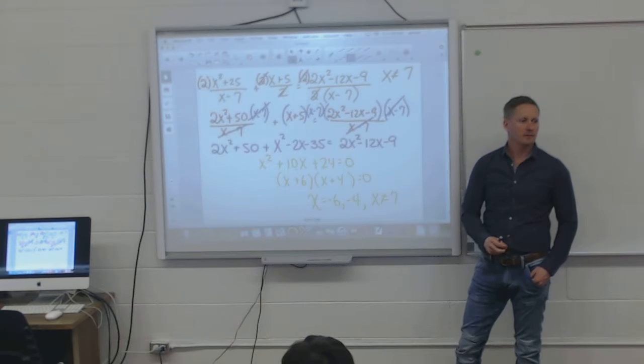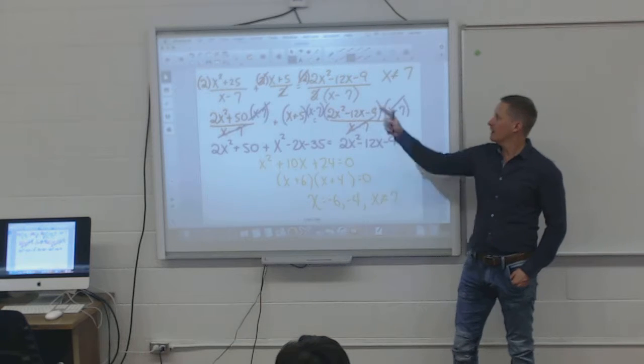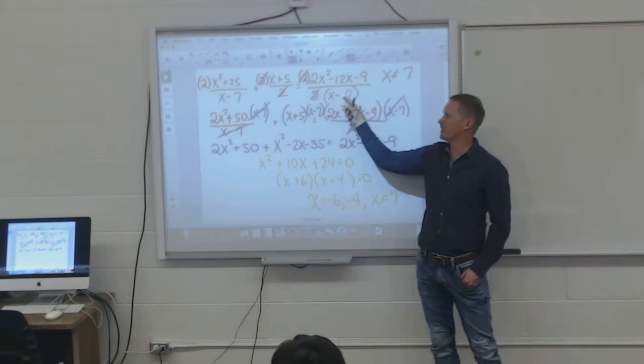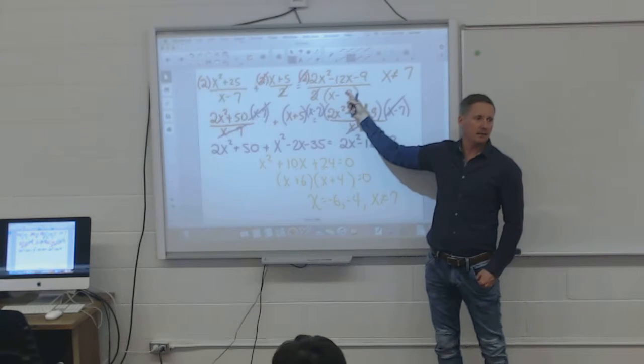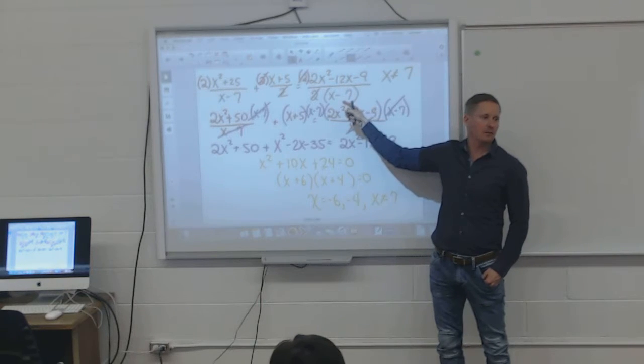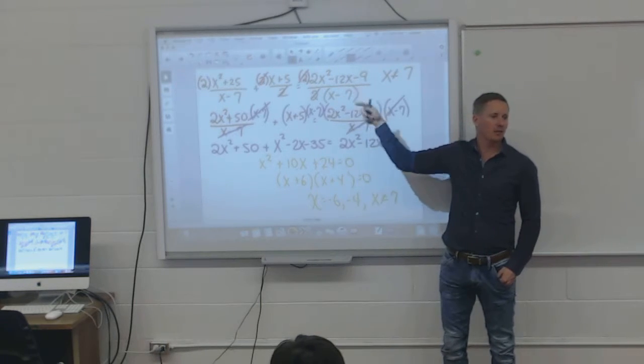Yes, Eli? You know how you have x cannot equal 7? Is that because your last one was x subtract 7? Because it's on the denominator up here, and I can't get a 0 on a denominator, can I? So x minus 7 can't equal 0. What value of x is going to make this equal to 0? That's 7. 7 subtract 7 is 0.